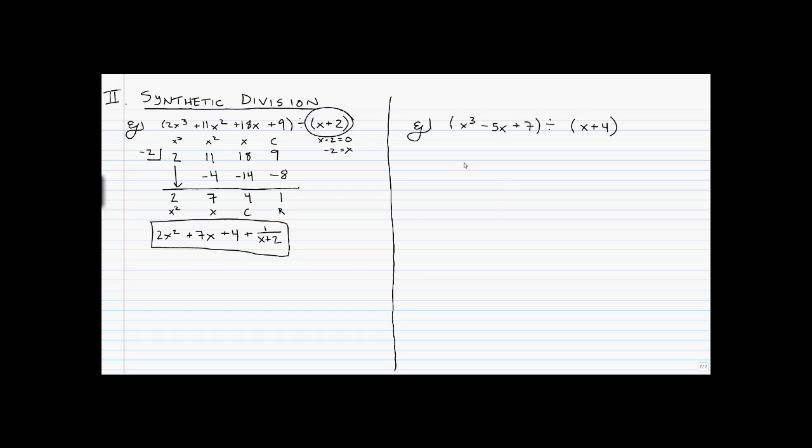Okay, so we get ready to go. Let's make our table. We need a pivot. We need some terms. So we need x cubed, x squared, x, and a constant. And down here, dividing by an x, we'll need x squared, x, constant, and remainder.